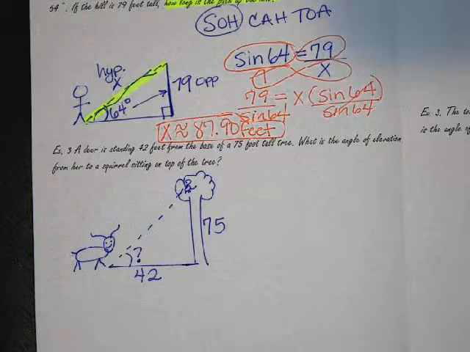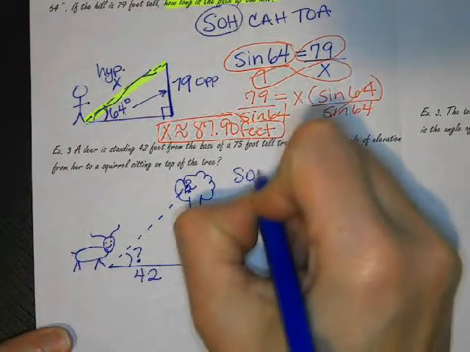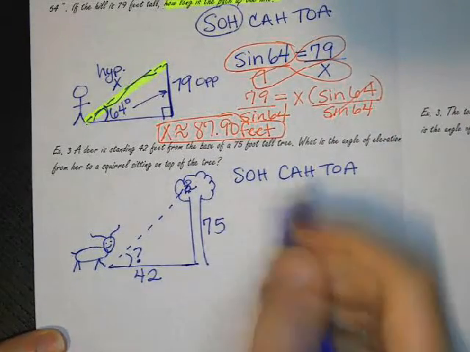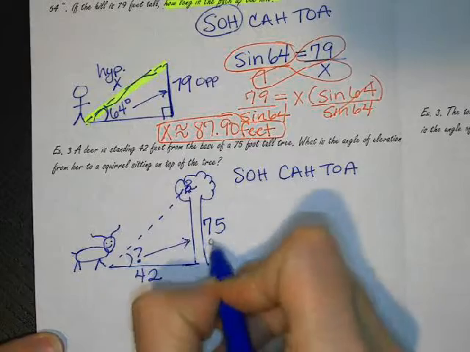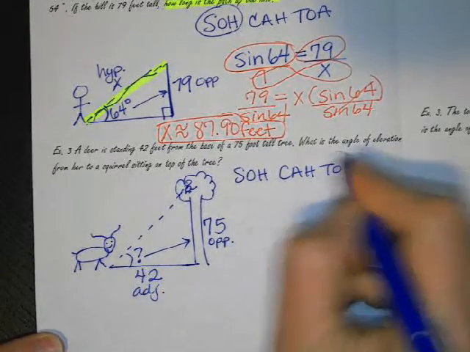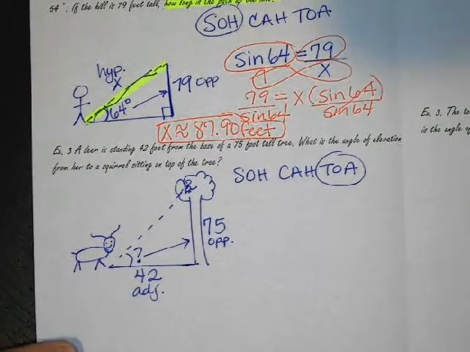So we're going to have to use inverse because they're asking us to find the angle of elevation. So once again, is it SOH, CAH, or TOA? Well, here's the angle. This is opposite. This is adjacent. And TOA uses opposite and adjacent.